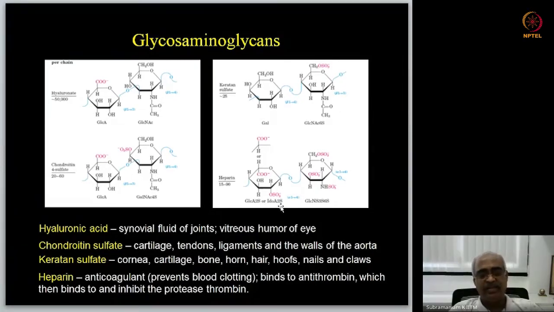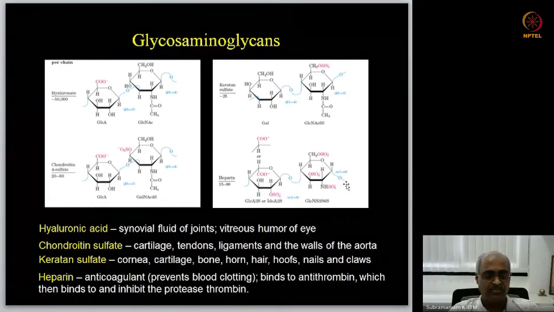Or you might have an iodose having a uronic acid-like carboxyl group at the 6th carbon and the 2nd carbon having a sulfate. So this is an important feature, primarily the sulfate groups being the dominant feature of this molecule.